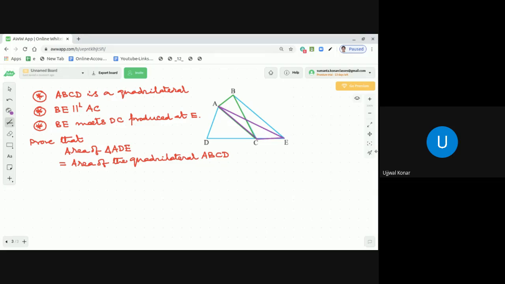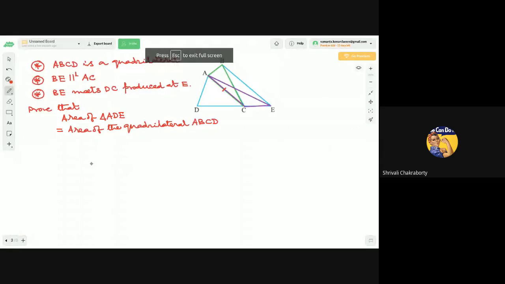One triangle I draw in green color, the other one in purple color. Do you agree that the areas of these two triangles BAC and EAC are equal? Because they are on the same base AC and between the same parallels AC and BE, correct? Absolutely clear?